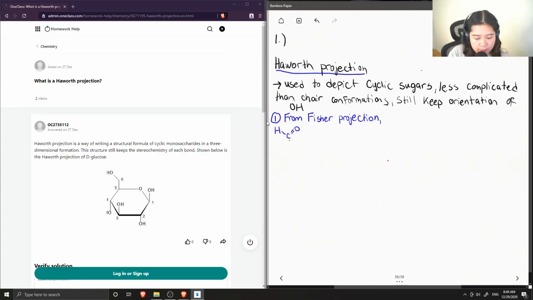Let's say we had carbon, and I'll just have an example with all the different orientations of the alcohol group.